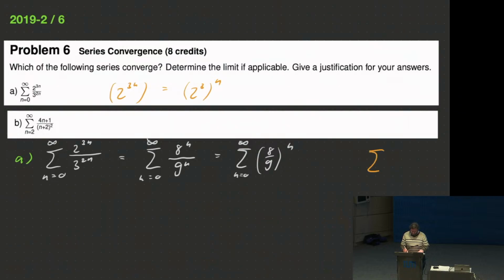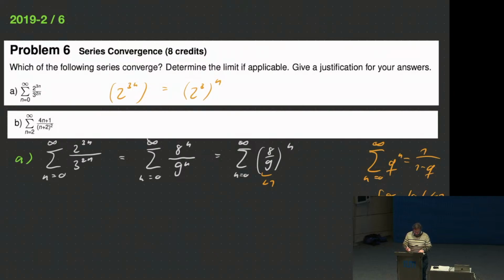You remember the formula for that? Sum over q to the n from 0 to infinity is 1 over 1 minus q, if q is less than 1 in absolute value, and that is the case here, right? 8 over 9 is less than 1.